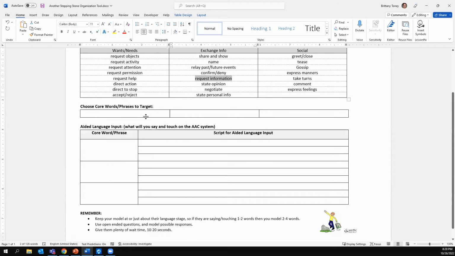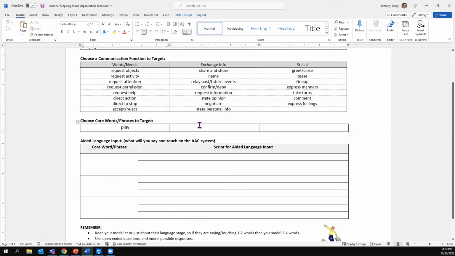Okay, so what are some core words that we kind of talked about just now? We talked about play for sure. And then one of the things up above, socially, we were talking about a lot of comments. When we were making that board and then talking about the pictures, I feel like that was an activity that you could do a lot of commenting with. That's right. Yes.